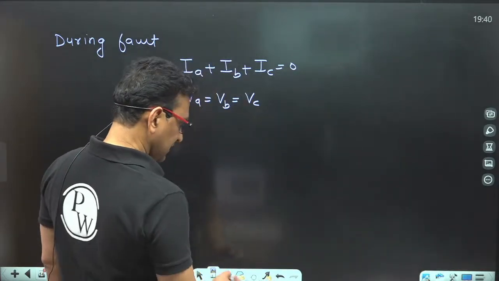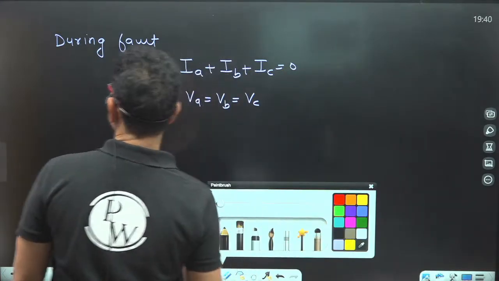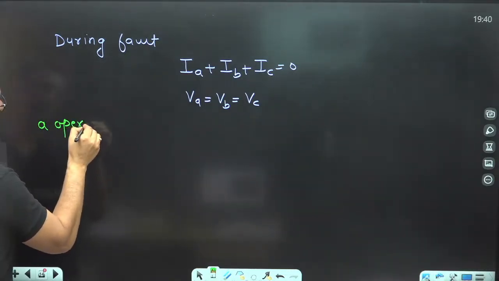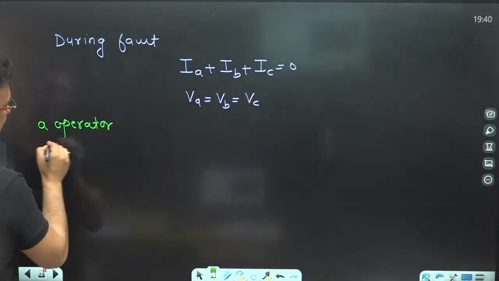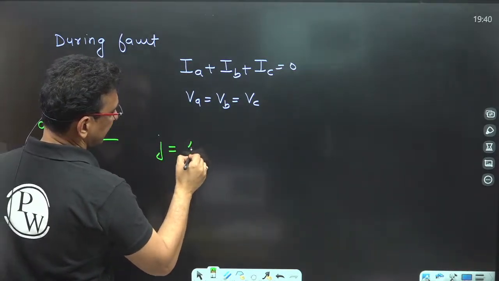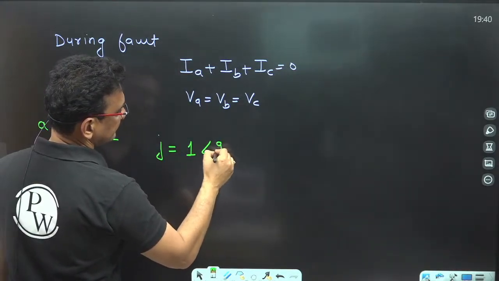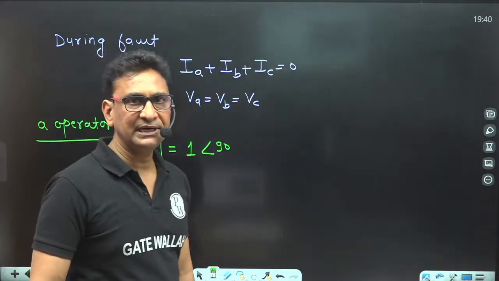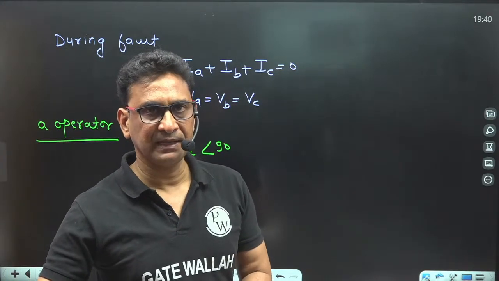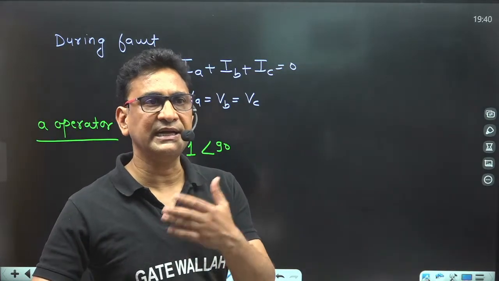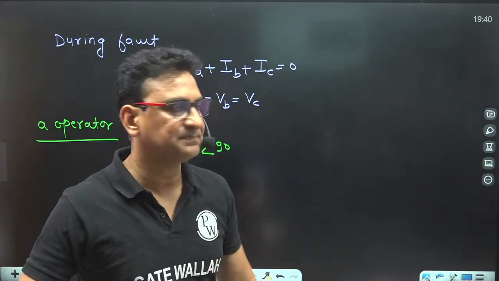Now, are you aware of the A operator? Like the J operator, we use the A operator. What is the value of J? J is nothing but a magnitude of 1 with an angle of 90 degrees. That means if you multiply any phasor with J, the magnitude of the phasor will remain the same, but it will rotate 90 degrees in the anti-clockwise direction.